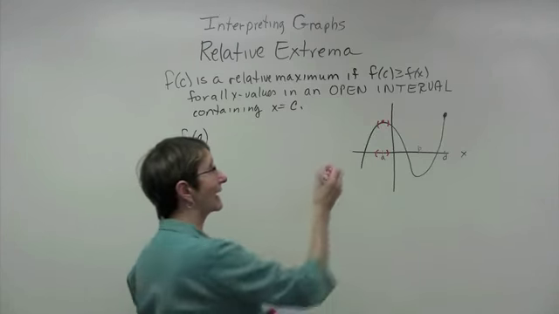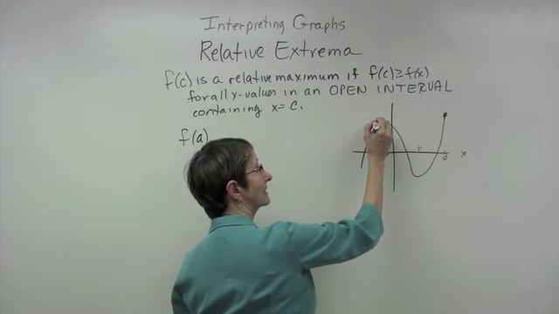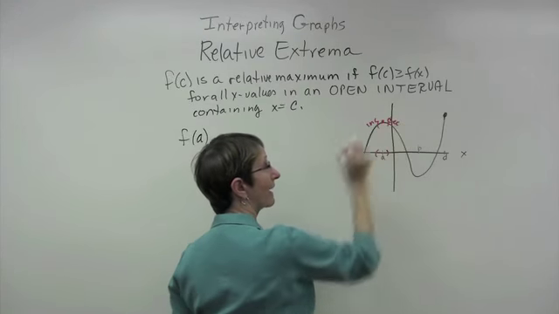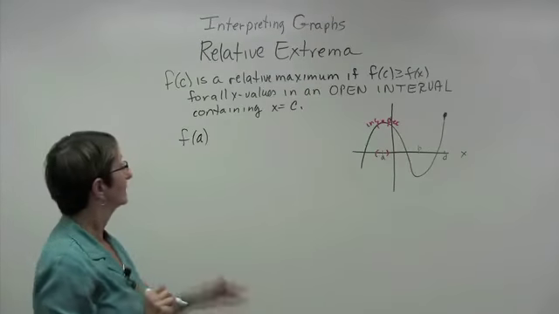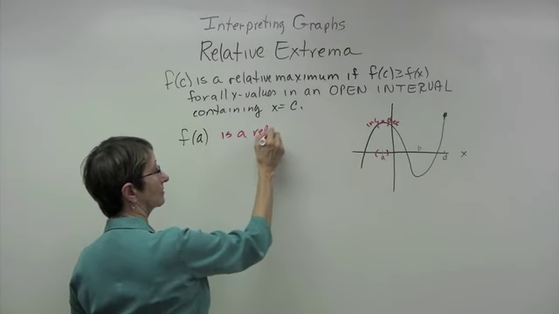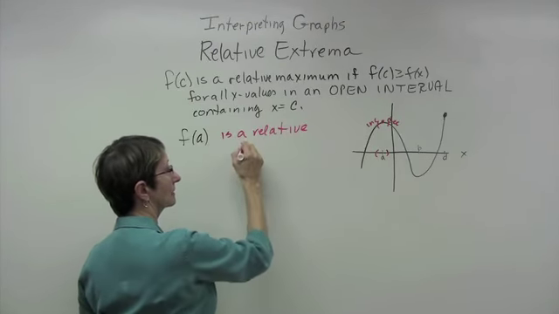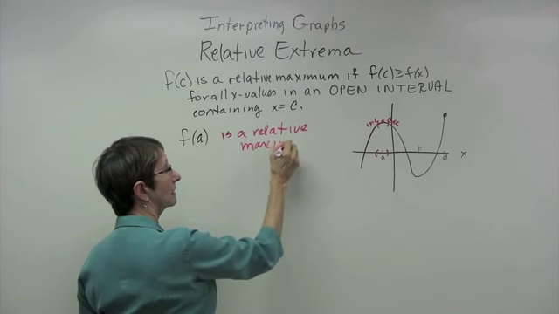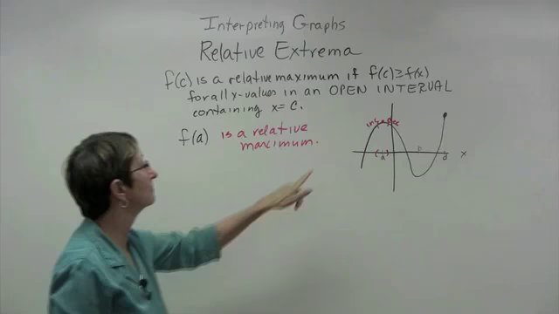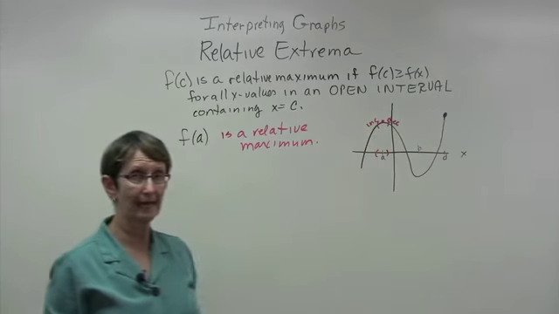Notice that means that it increases right before you get to it, and then on the other side, the graph decreases. So f of a is a relative maximum point. So we could say that a relative maximum occurs at x equal to a.